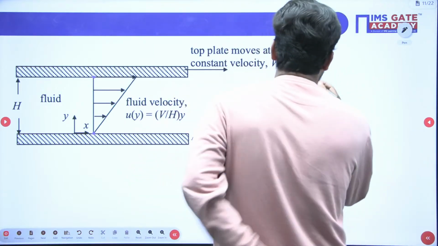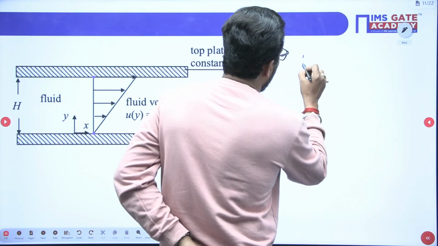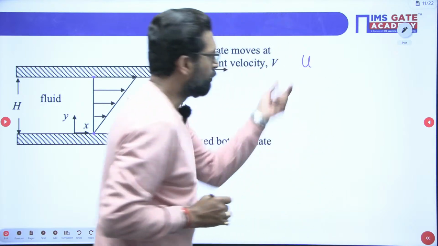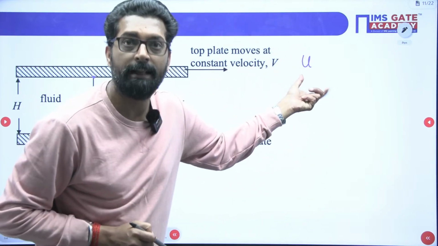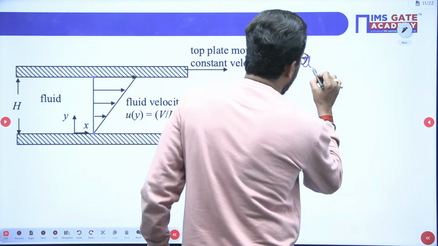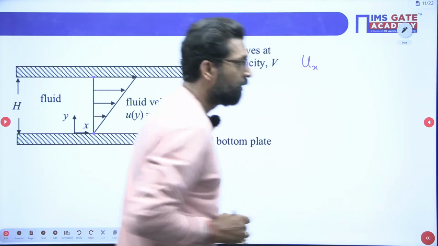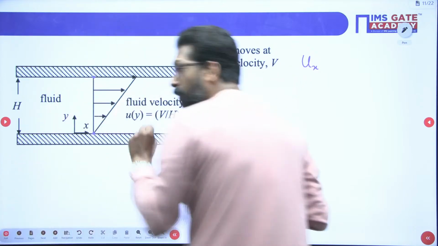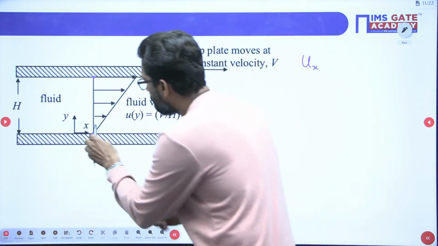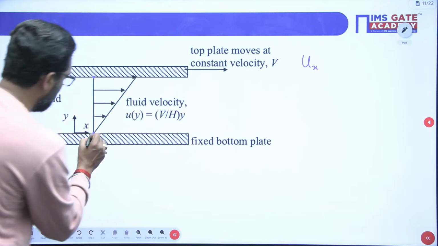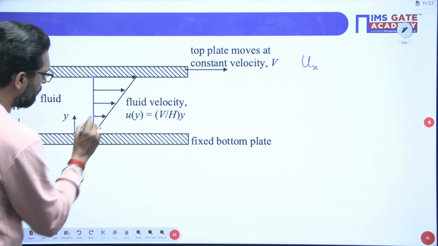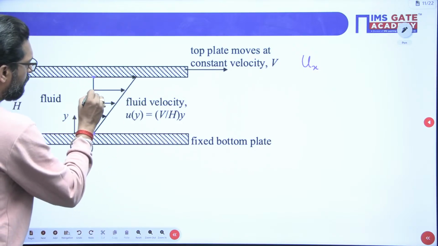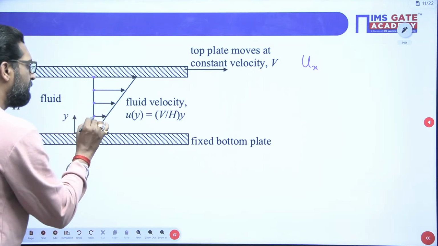So if you write the velocity of a fluid particle, u is the x component of the velocity of a particle, and that u will vary. If you take fluid particles, at the bottom it is 0, then there is some velocity, then some more. That means the velocity varies in this direction.